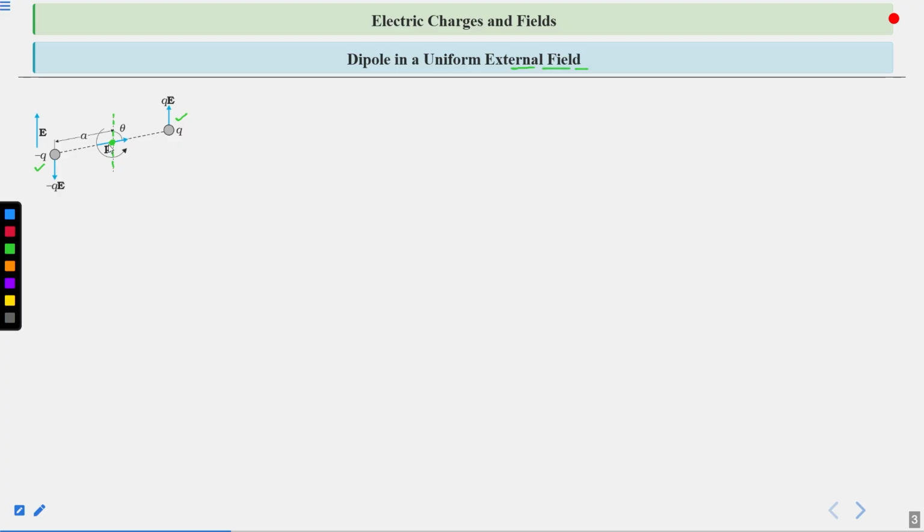Now, when the dipole is placed in a uniform electric field, the charges minus q and plus q feel a force, but the directions of the forces on the two charges are opposite. So, this is the system: dipole in a uniform electric field.